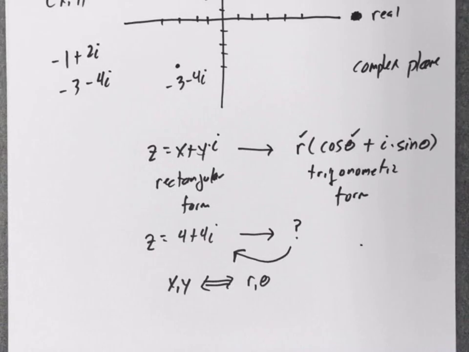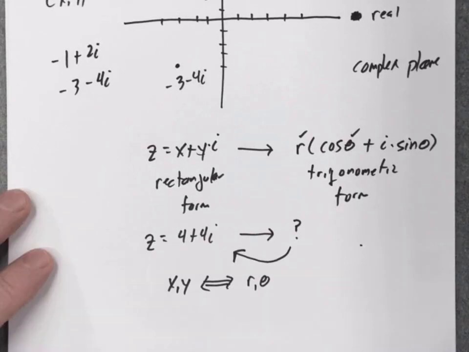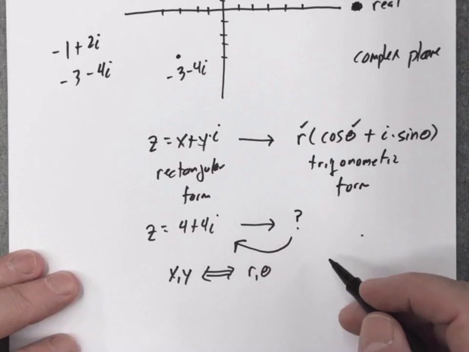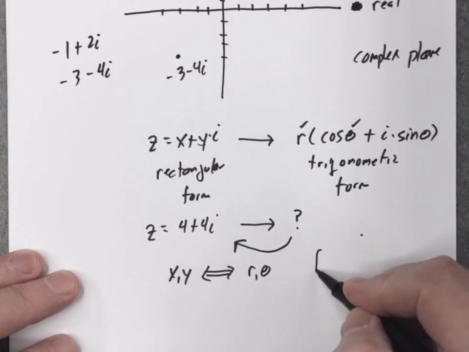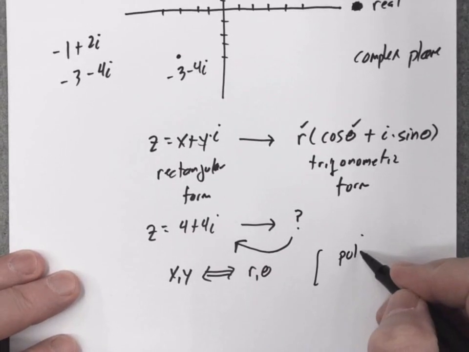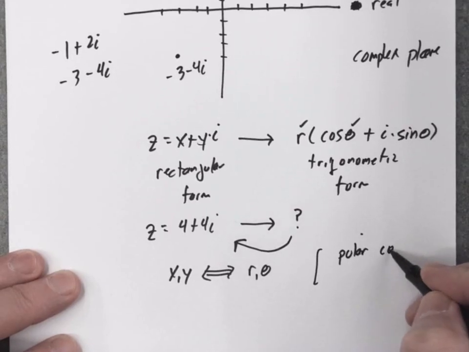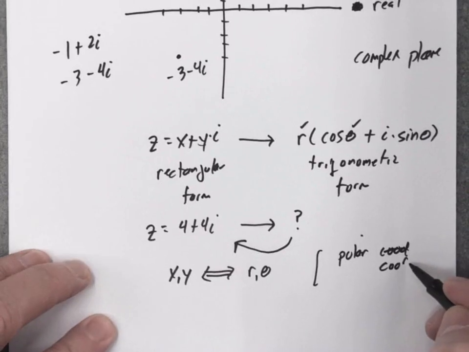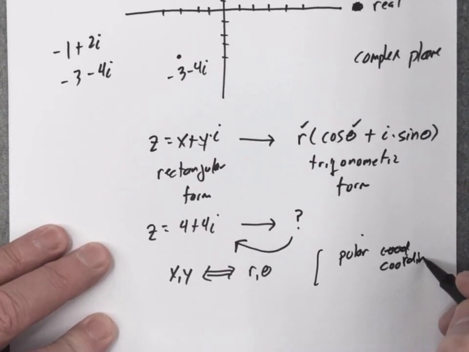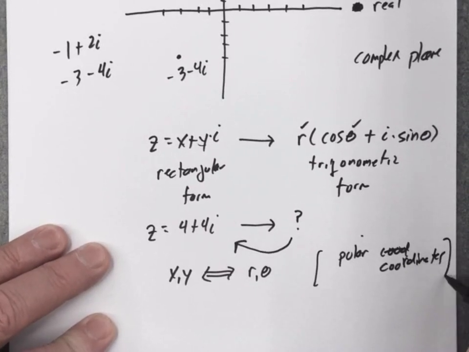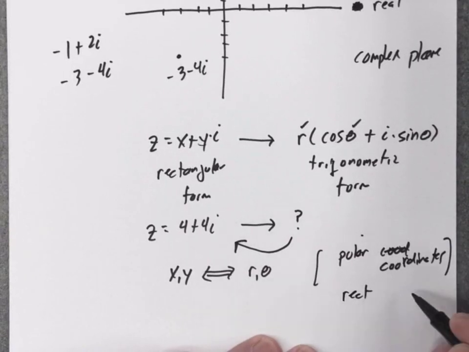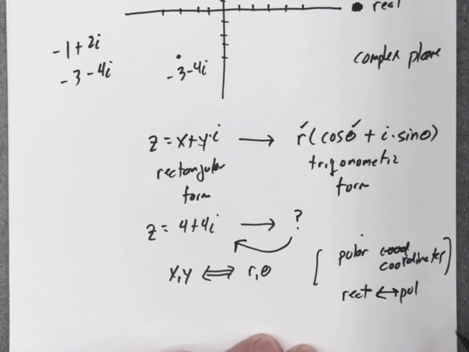Now here's a little heads up which may help you, because just right before this we did polar coordinates. If you remember polar coordinates, we went back and forth between rectangular and polar coordinates, right?